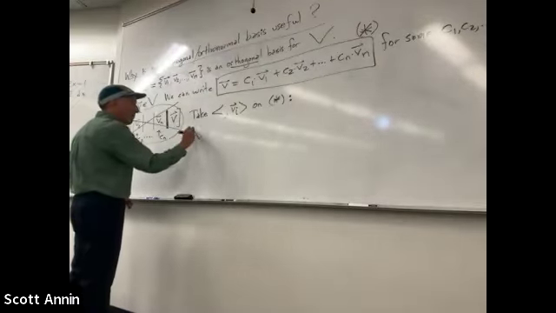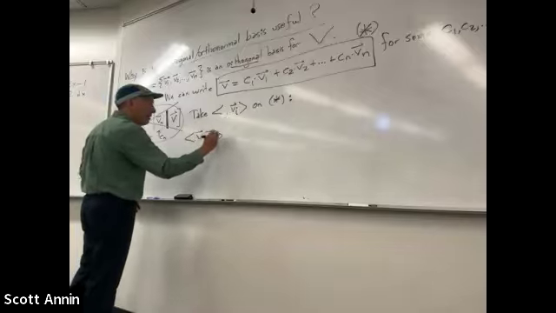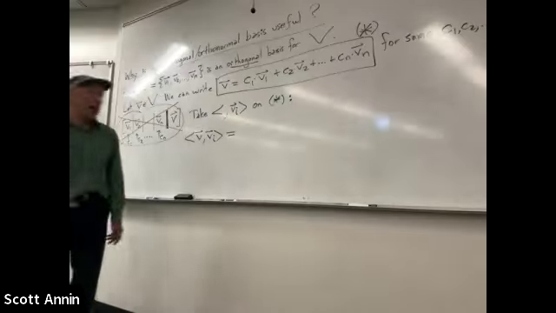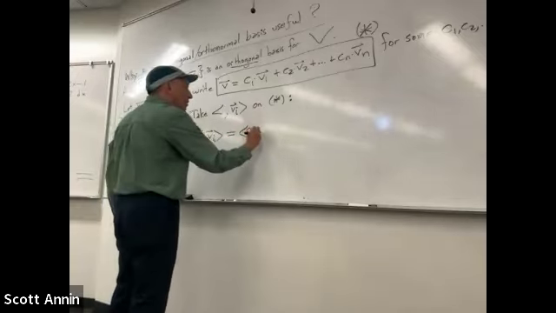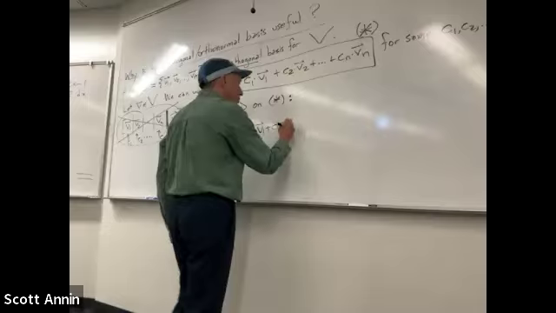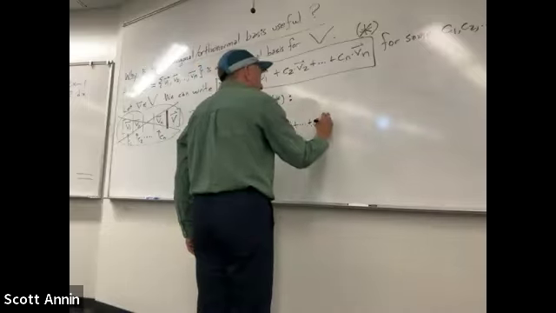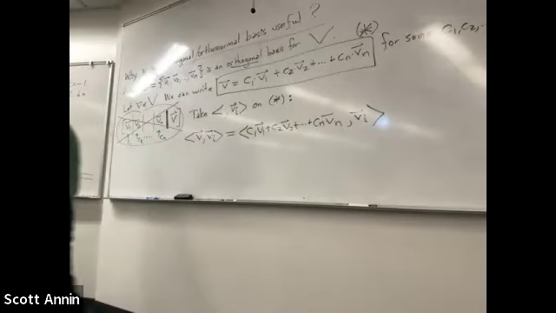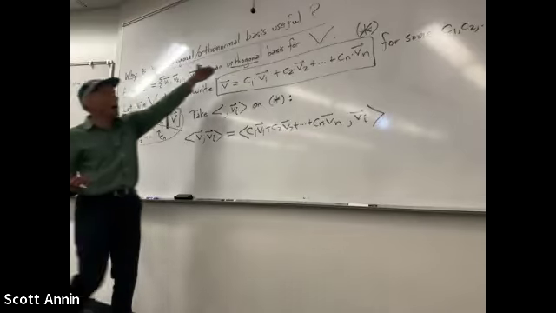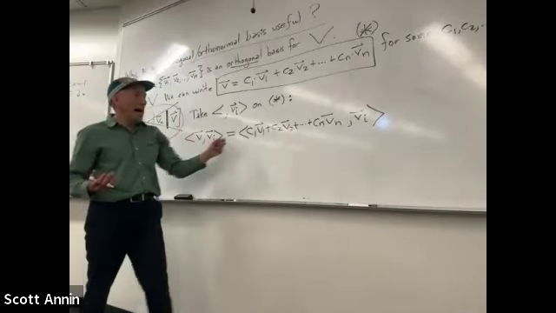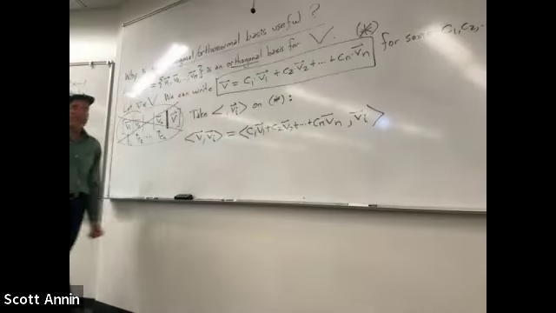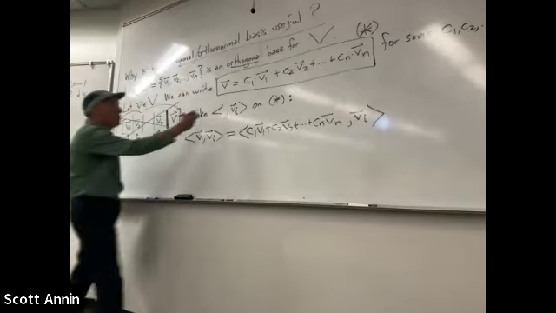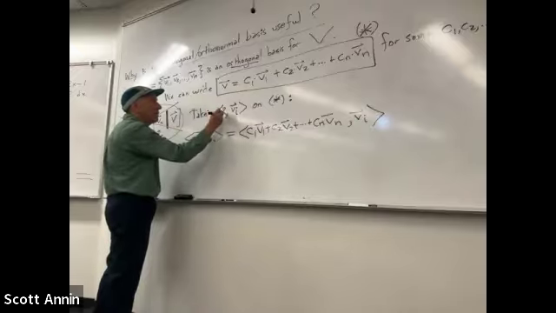On the left side, I have the inner product of V with Vi. On the right side, I have the inner product of C1 V1 plus C2 V2 plus and so on plus Cn Vn with Vi. What is i? It's just any one of my basis vectors. It could be V1, V2, or V3. All I've done is take the box and inner product with Vi on both sides of it.